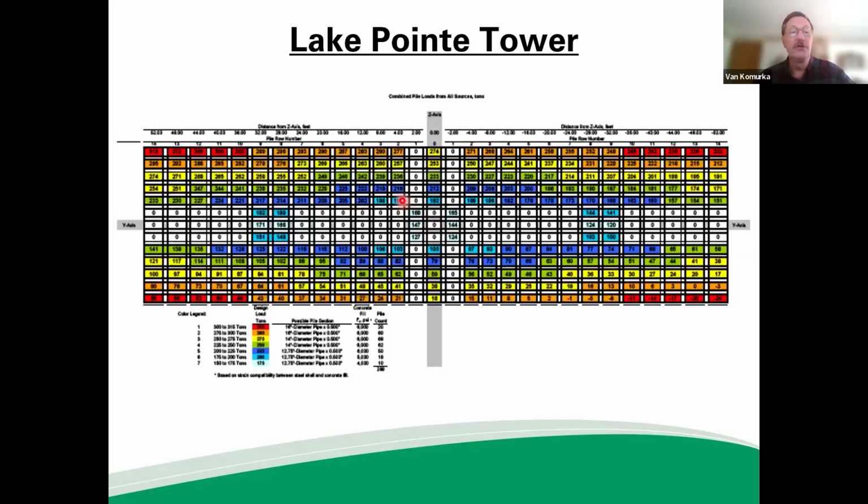So the numbers go from a cool blue to a hot red, indicating an increase in required pile allowable loads from about 176 or so in the middle here. The structural engineer was looking to develop 7 different allowable pile loads for this project, from 174 or so in the middle out to 315 tons at the corners.